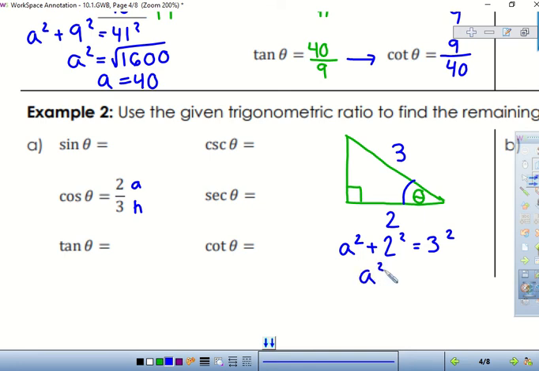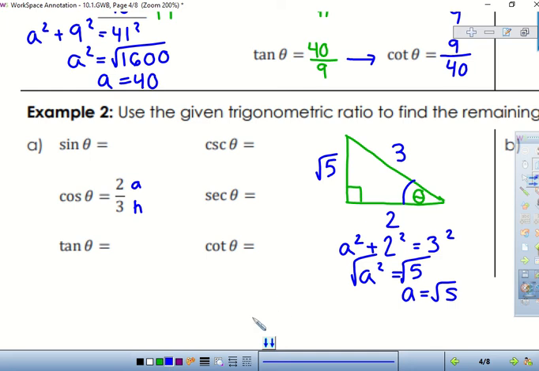So a squared is equal to 9 minus 4, which is 5. I square root both sides. That gives me a equals radical 5. So this side here, we're going to leave in simplest radical form, radical 5. You don't want to get a decimal answer unless they ask you for one. Do not put it in a decimal. Simplest radical.